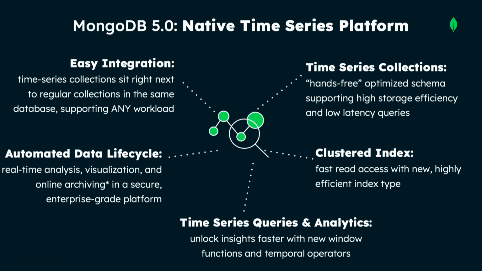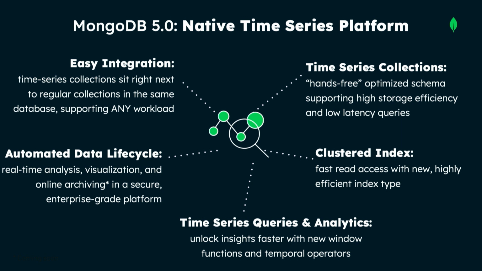So from MongoDB 5.0 onwards, we've introduced a native time series platform. And the main idea is to make it extremely easy to use. It's a new collection type called time series collections, and it's optimized for time series data.